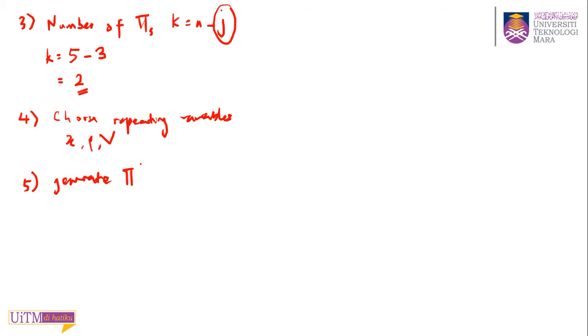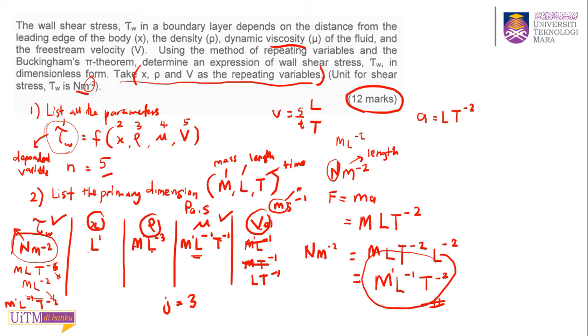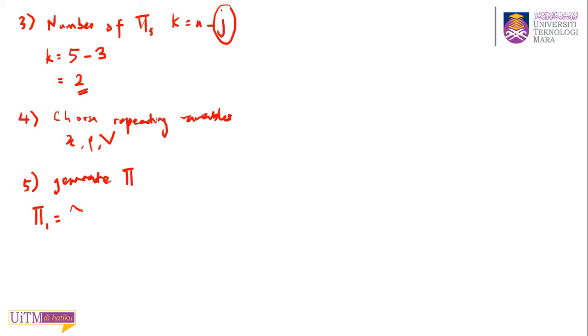You have 2 pi, so pi 1 and pi 2. For pi 1, the non-repeating variable for the first one is tau, as a function of these repeating variables X. Okay, A1. Sorry, wrong formula.